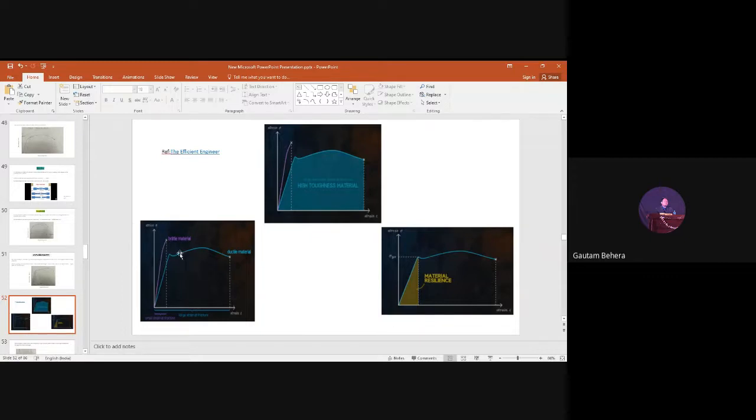Sir, 5% of what? Strain, 5%. This axis, just look at this one. This is the strain axis.